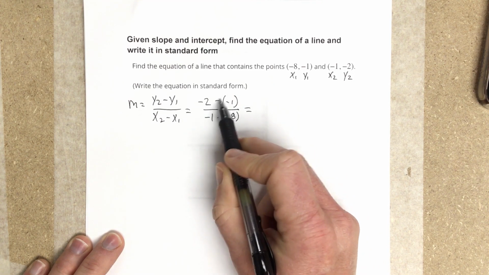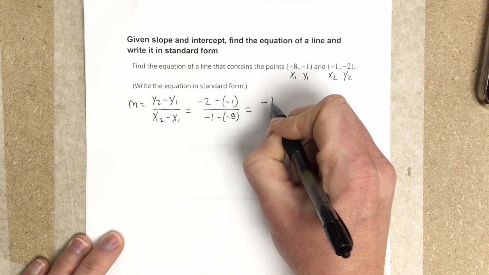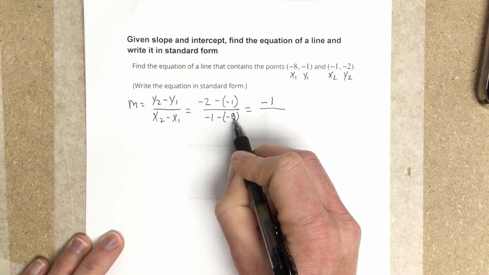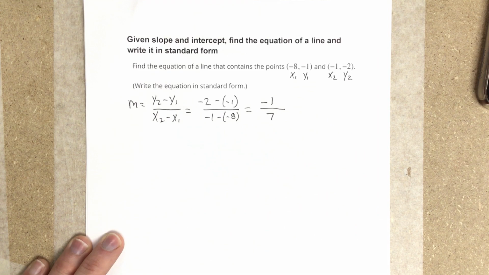When I subtract a negative here, that's really addition. So I have negative 2 plus 1, which would be negative 1, over negative 1 plus 8, which is 7. So our slope is negative 1/7.